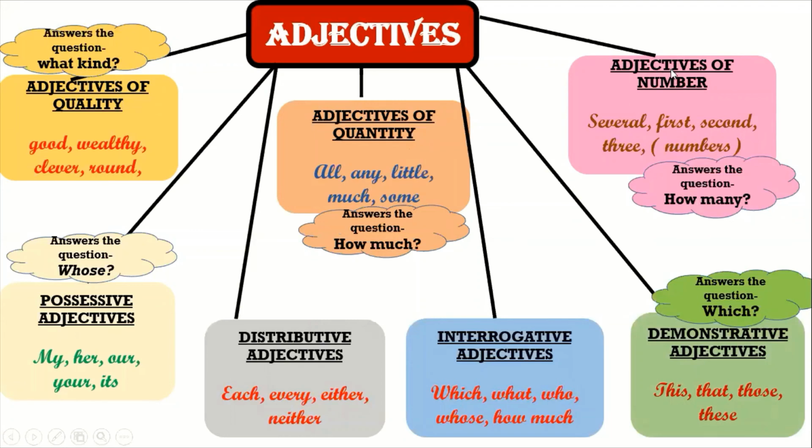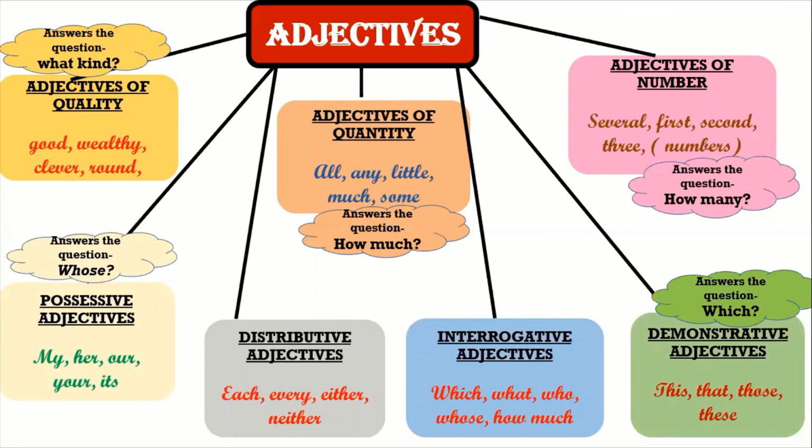How many, that is adjectives of number. Which, that is demonstrative adjective. Whose, that is possessive adjectives, and the other 2 are distributive and interrogative adjectives. Clear? So write this picture and learn it many times. Everything is included in this. All the 3 video summaries are in this, and then you go through a few examples. You'll be completely set to understand adjectives, kinds of adjectives.